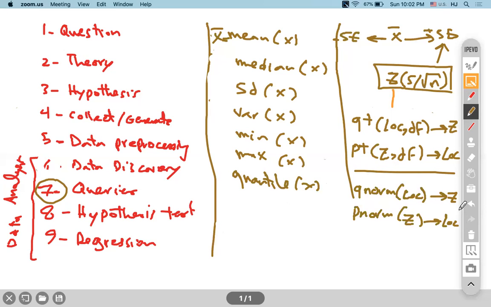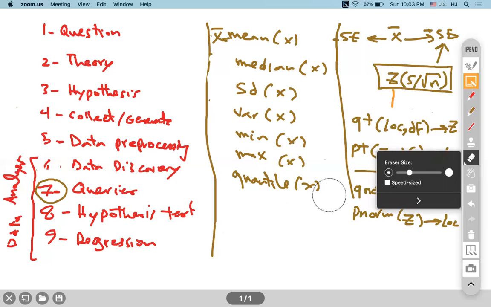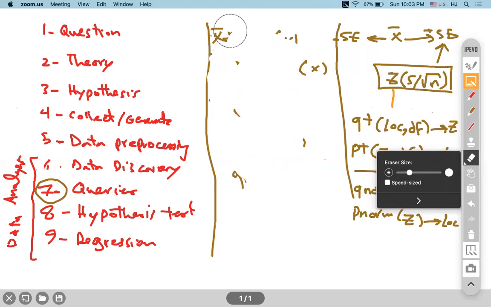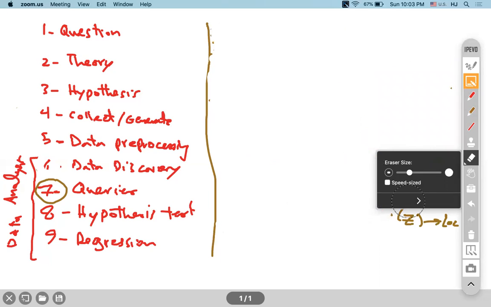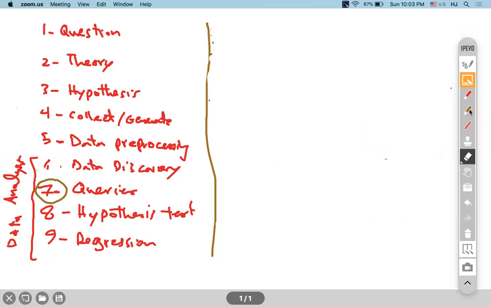Now, when we talk about hypothesis test, we can just remove what I have here. In hypothesis test, guys, we have different instructions which we can use as well.